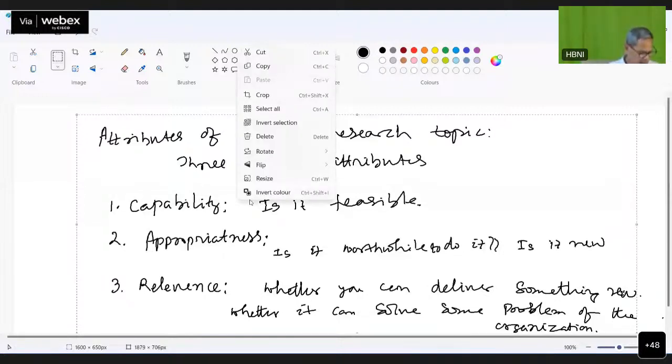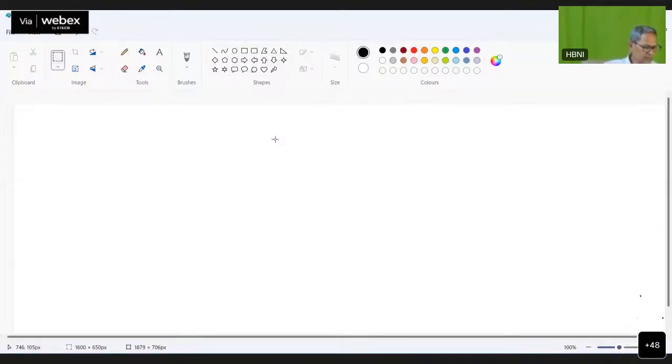Yes. So these are some of the attributes of a good research topic. Then with these attributes, you have to generate a research idea. You have to do research idea generation.